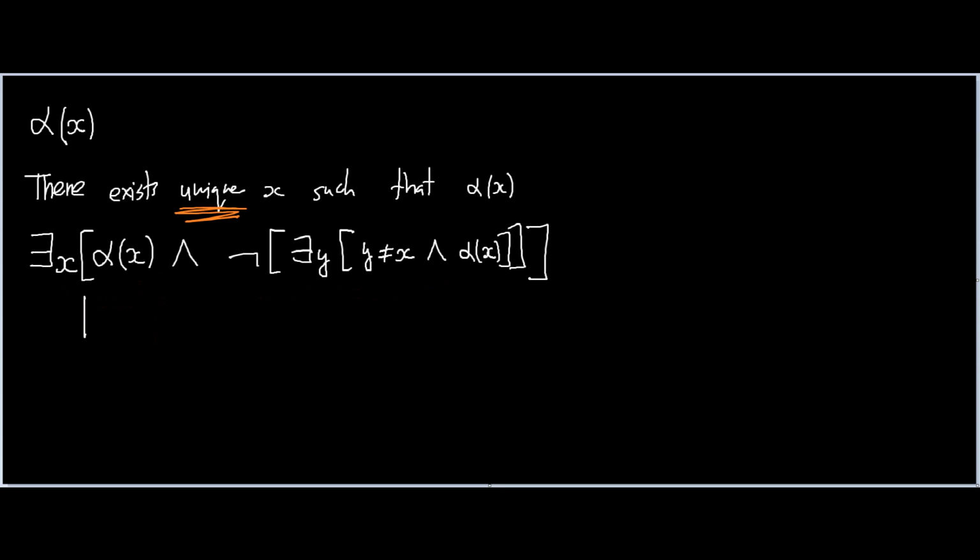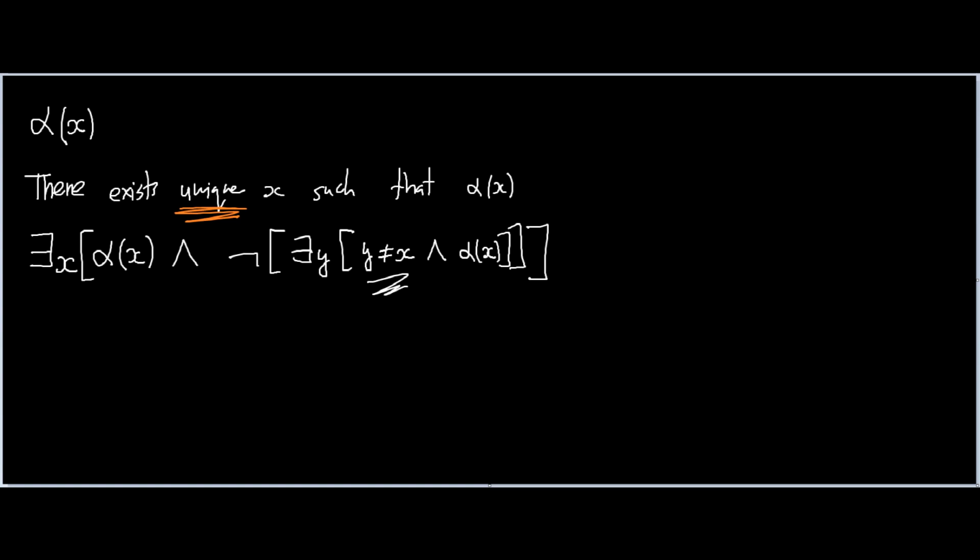Now if I place the bracket there, then there is no problem anymore. We're now saying that there exists an x for which alpha x is true, and at the same time, you see we've got the and symbol here, at the same time, it's not true that there also exists a y different from x and having the same property, except I made a little mistake here.